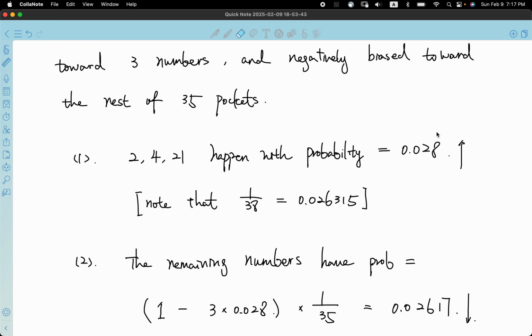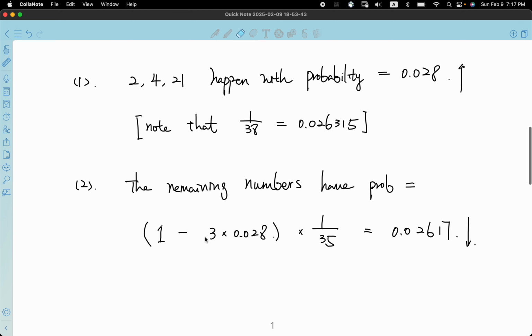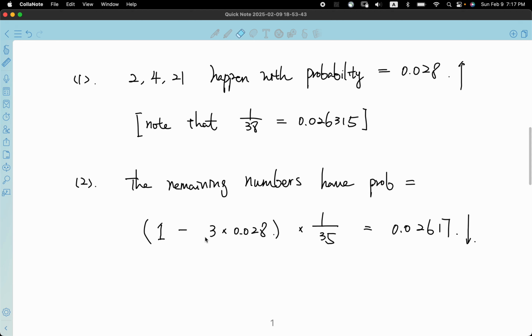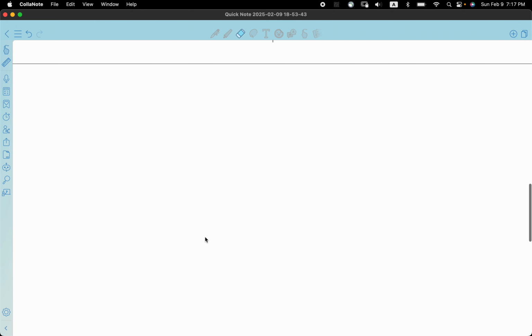Now let's say we arbitrarily know that there are three numbers that have a higher probability. So let's say we are aware of this kind of glitch, and our strategy is the following.